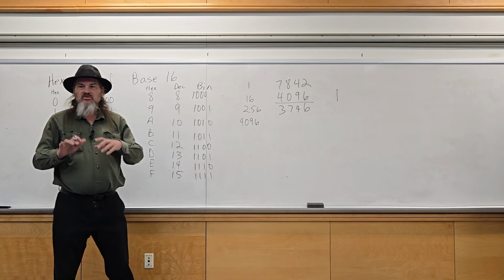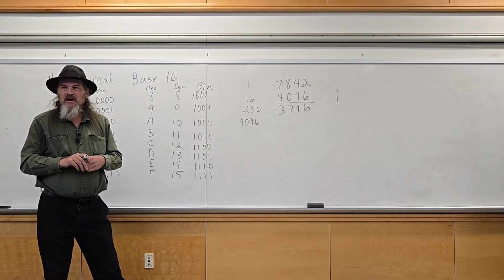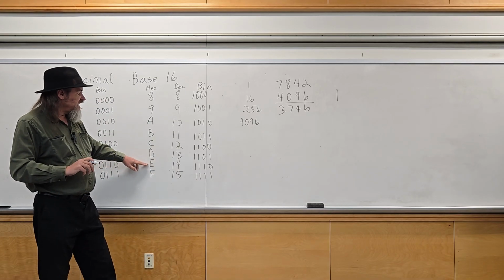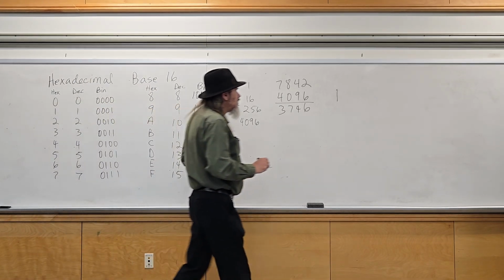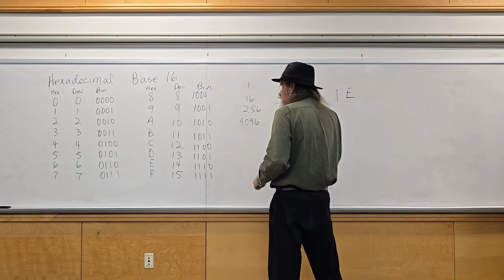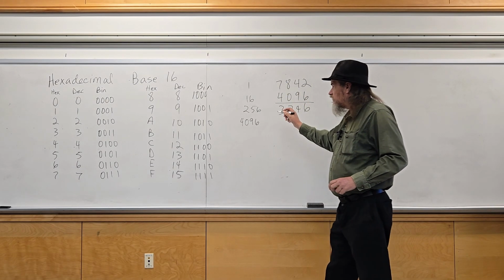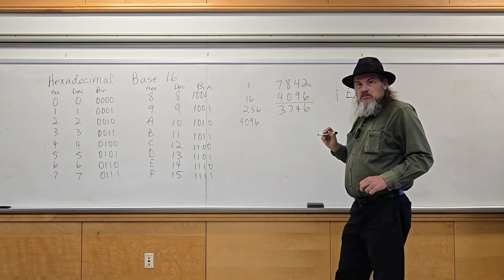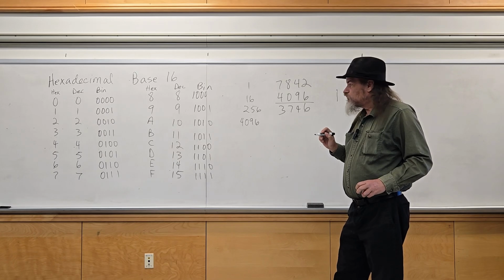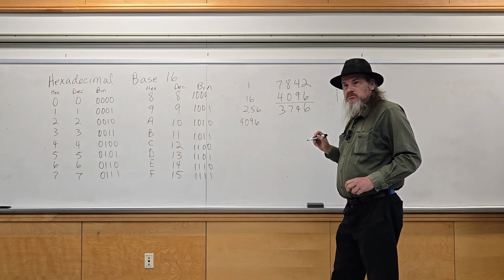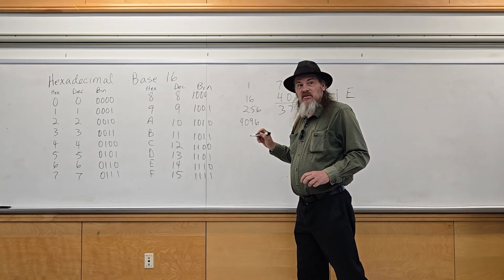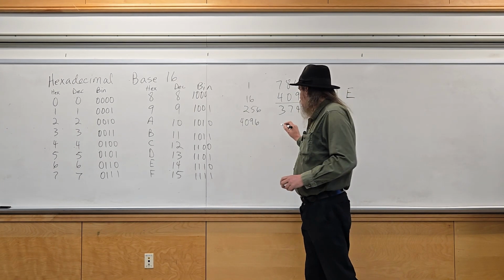Don't need the decimal, just the whole integer math. 14? 14 is E, so E, and what is 14 times 256? 3,584.